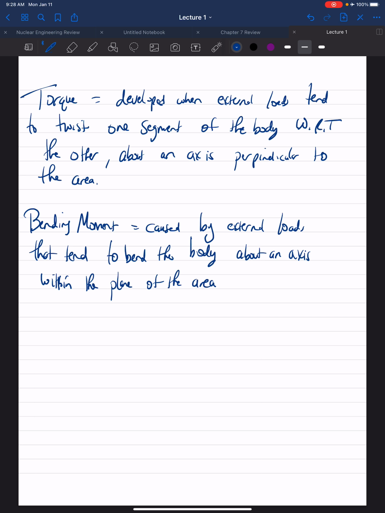So what we're talking about is external forces can cause certain internal reactions within the body. It can cause a shearing effect, a bending effect, a twisting effect, etc. And that's what we're concerned about in our analysis of materials.